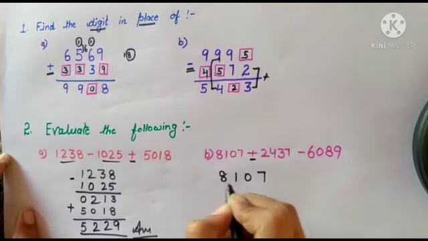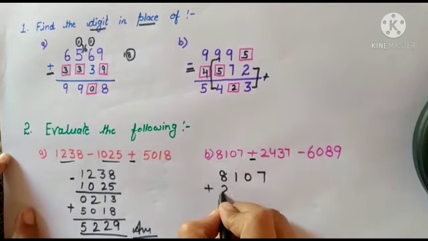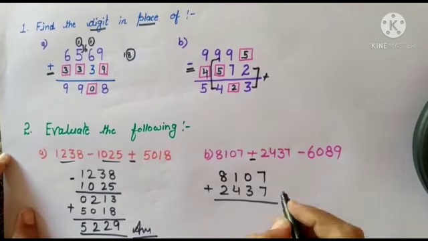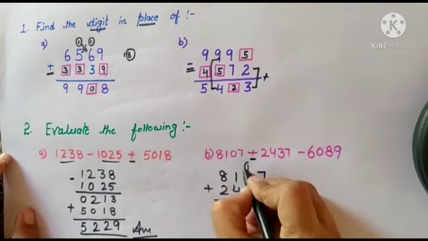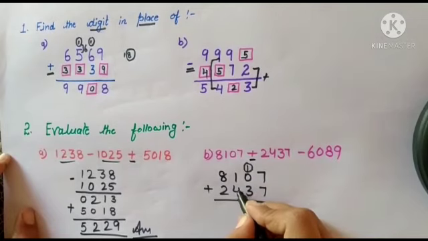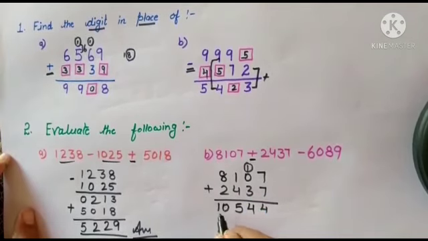We will write these digits like this. We have to put a plus sign because here it is plus. Add it. 7 plus 7, 14. 4, and 1 will be carried to the next one. 3 plus 1, 4. 4 plus 1, 5. 8 plus 2, 10.